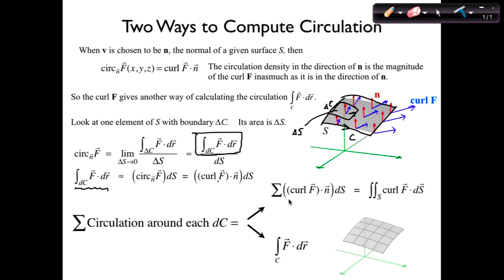So this is just by summing up all the little circulations. The integral of the curl dot n dS is really the flux through the surface of the curl now, not of F, but of the curl. So this way is the flux of the curl. And this way is just our circulation line integral around the boundary.